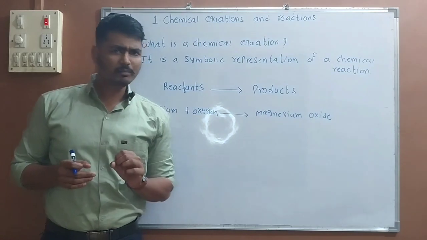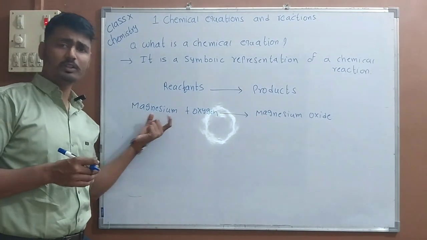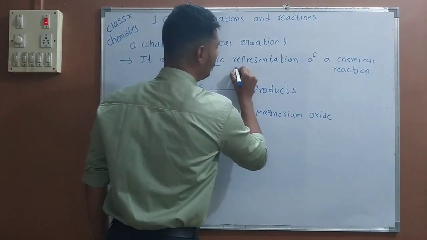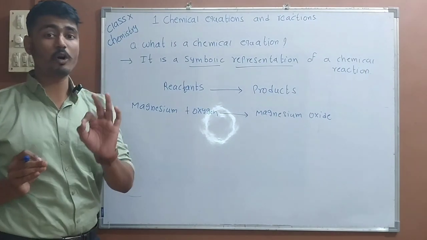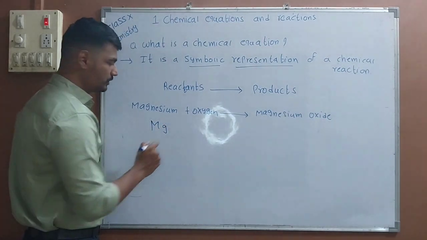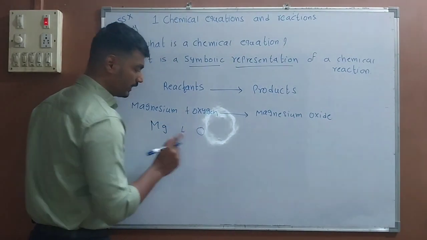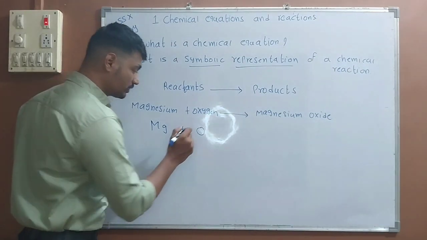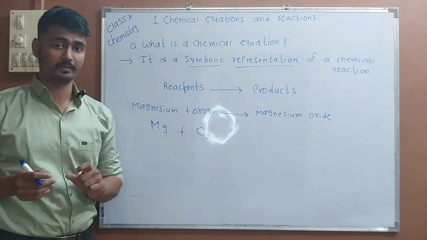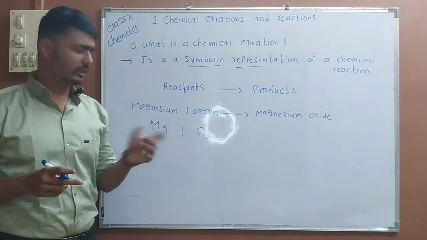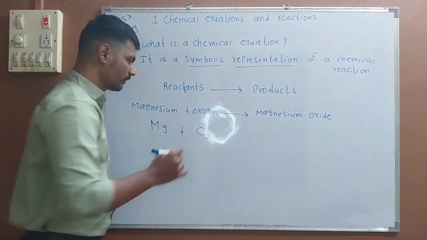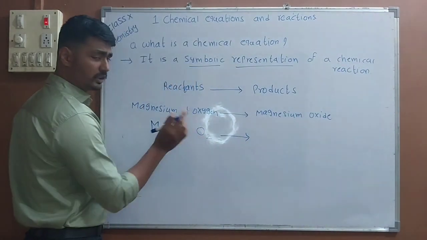But every time we do not write the names of the elements and compounds like this; we make a symbolic representation. For example, magnesium is shown as Mg, plus oxygen. Is this the correct way to represent oxygen? No. Our atmospheric oxygen is O2, which is diatomic, and O3 is the ozone layer. But here, mostly the reactants react with diatomic oxygen, O2, diatomic because it contains two atoms.